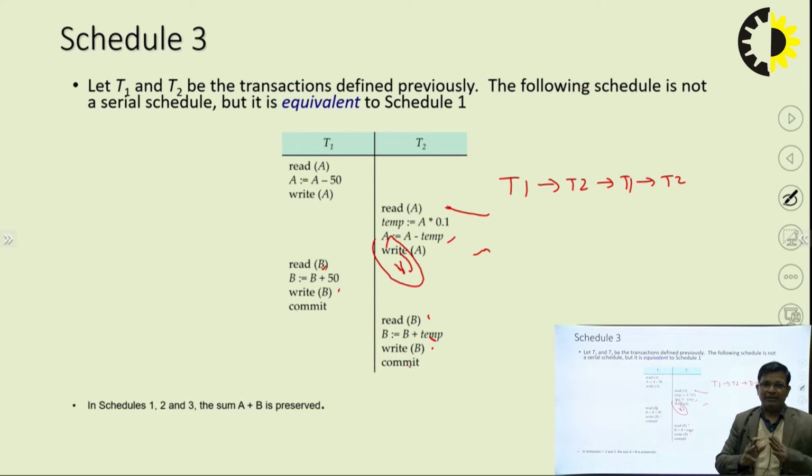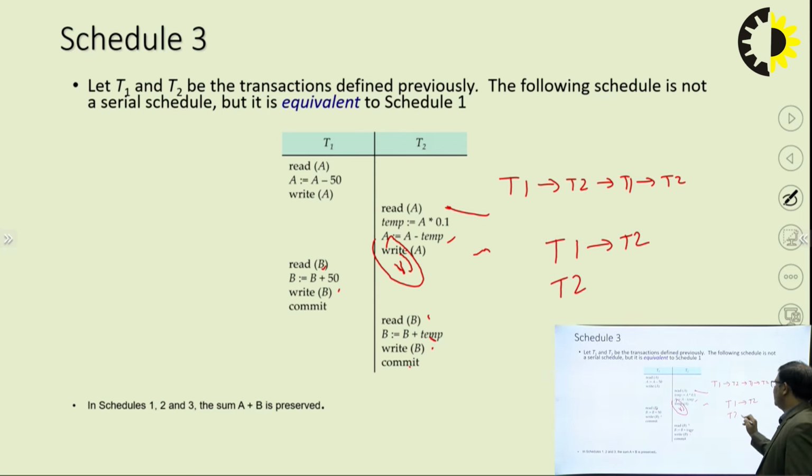So these are three schedules: schedule 1, schedule 2, schedule 3. Schedule 1 is T1 to T2, schedule 2 is T2 to T1, and schedule 3 is this one, T1 then T2 then T1 T2. So can we say that the final value of A or B is the same in these three schedules? Let's check.